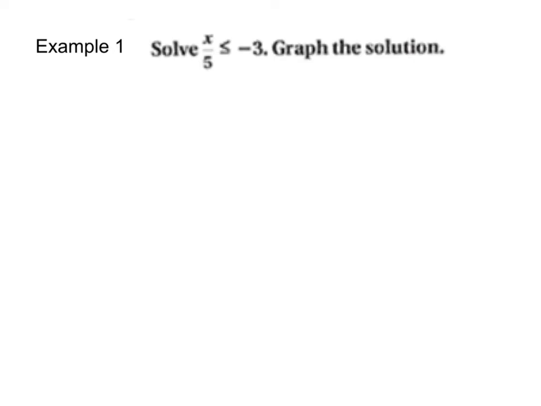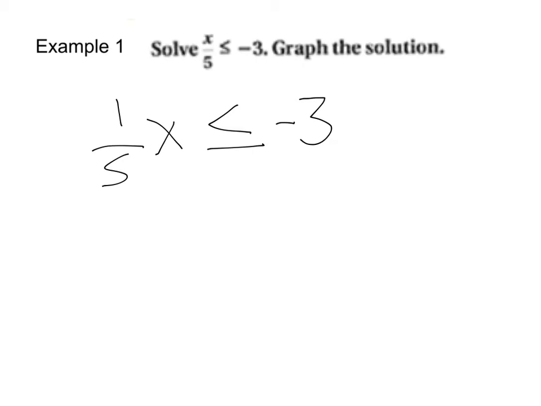Now let's take a look at our example. We have x divided by 5 is less than or equal to negative 3. We will also graph the solution. For this problem, it looks like we have 1/5 x is less than or equal to negative 3.